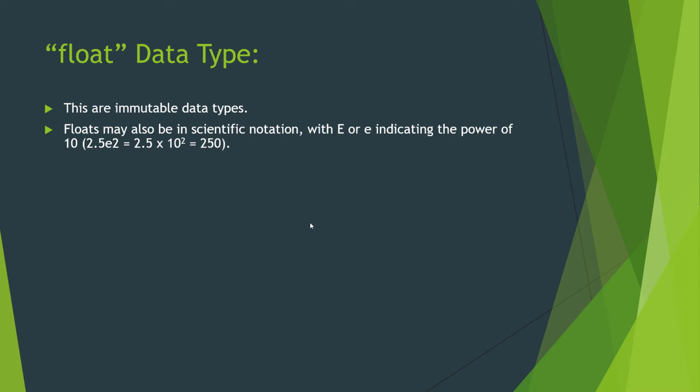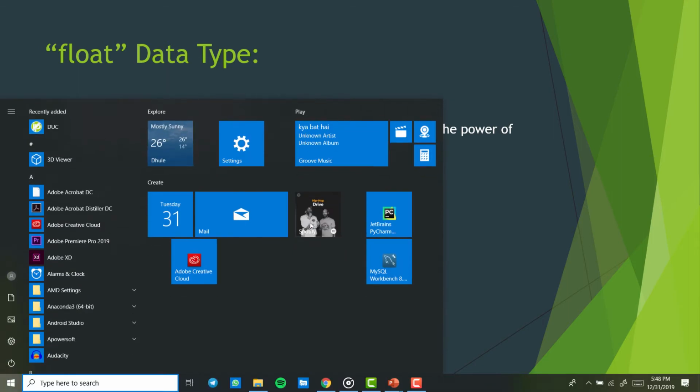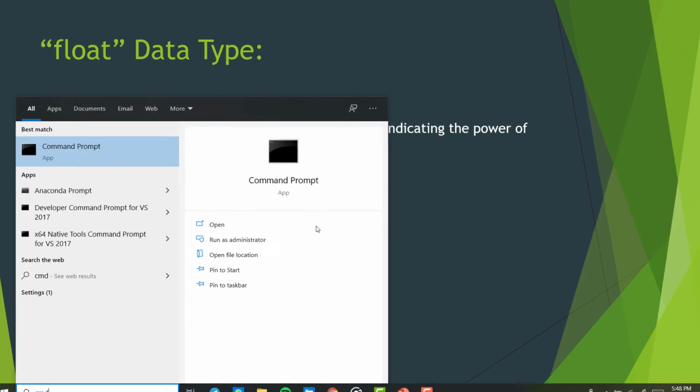Now let's look at some examples. The first one is, if x equals 4.5 and y equals 2.5, then what will be the address of z if z equals x plus 5 minus 2.5? Now first let's open command prompt and type Python.